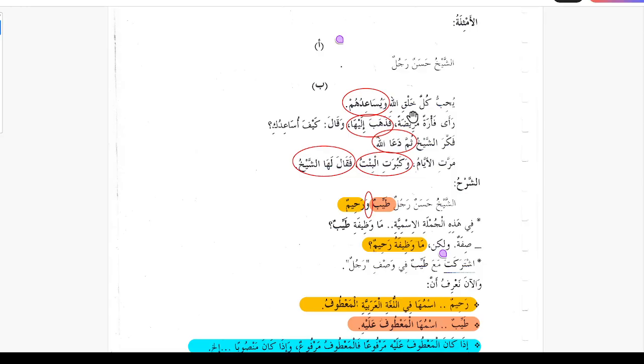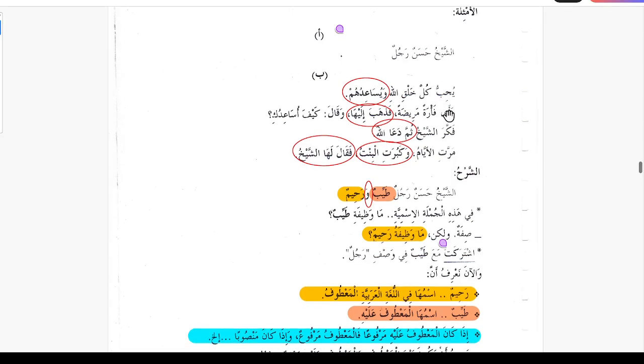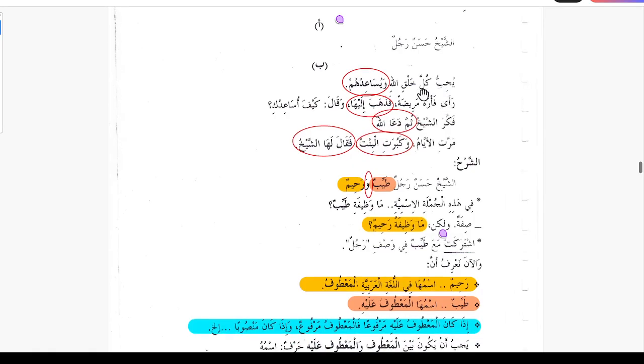Yuhibbu kulla khalqillahi wa yusahiduhum. He loves all the creation of Allah and he helps them. Ra'a faratan maridatan, he saw a sick mouse. Fazahaba ilayha, and then he went to her. Wakala, and he said, Kaifa usaiduki, how can I help you?